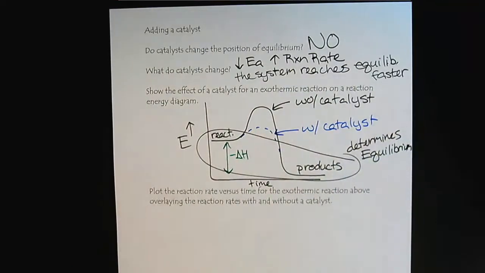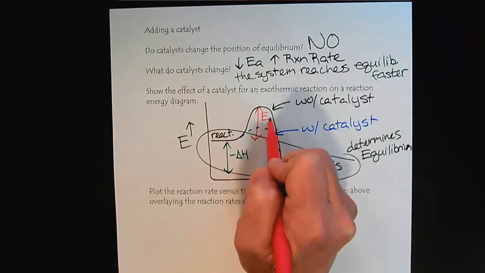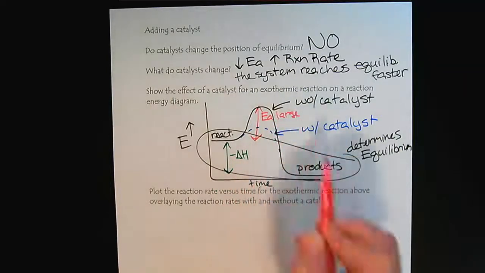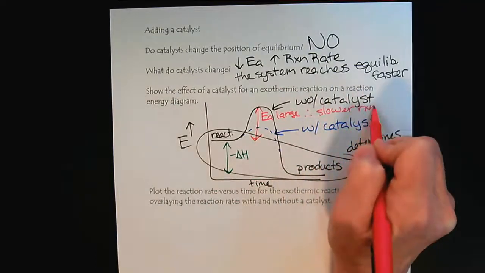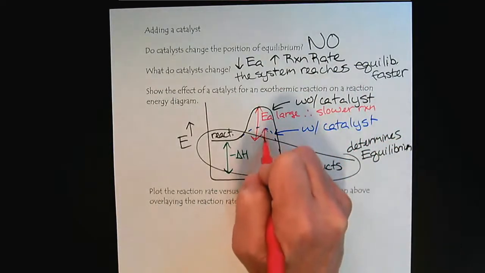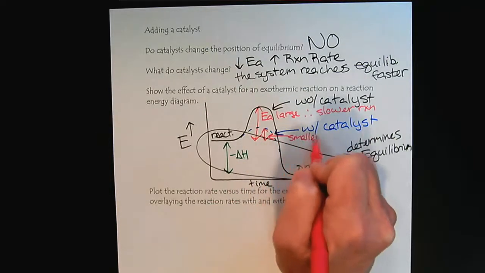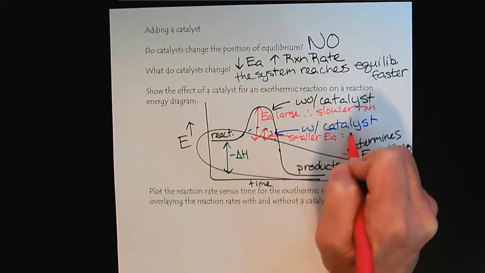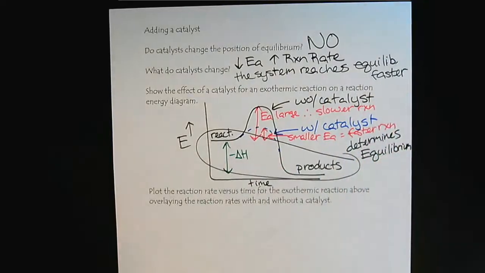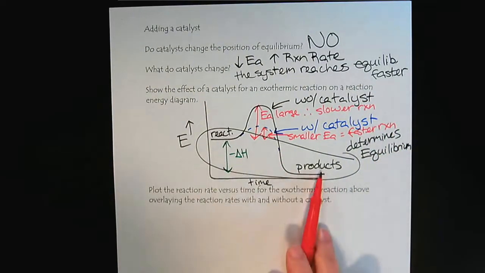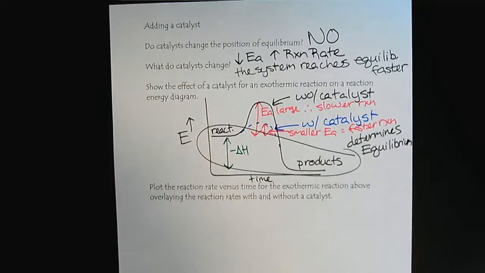What the catalyst simply does is, without the catalyst, we have a larger activation energy, therefore a slower reaction. With the catalyst, we have a smaller activation energy, so we get a faster reaction. So the actual concentration of reactants and products won't change at equilibrium. It's just how fast we get there.